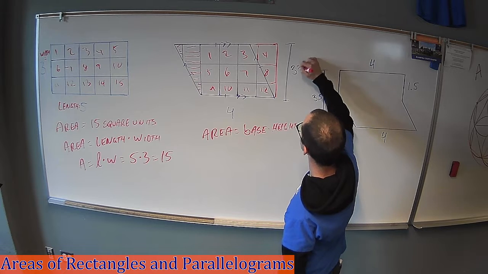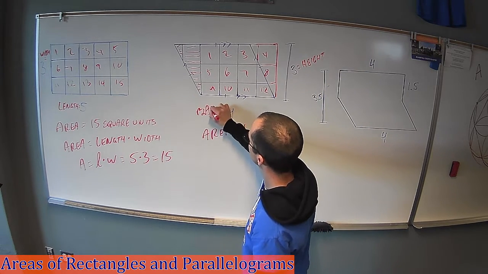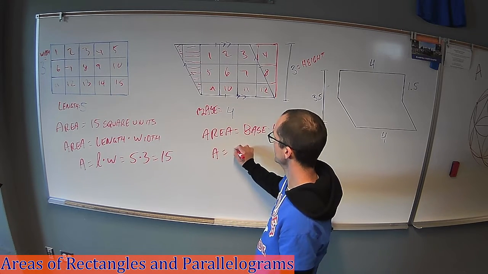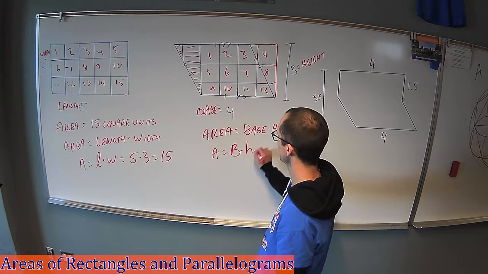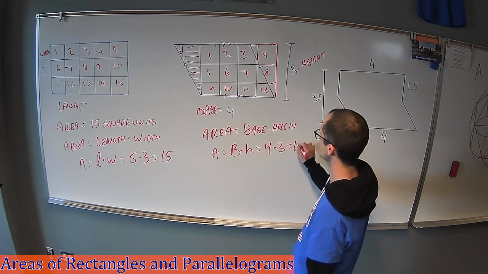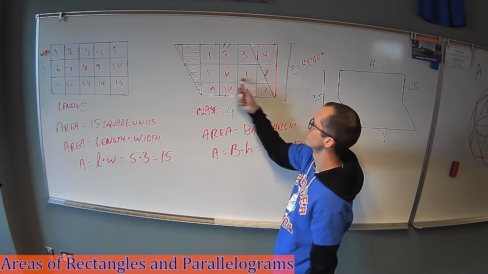Here is the height. Area is base times height. So for us, that is 4 times 3, which is 12 square units. And of course, we counted our 12 squares in here.